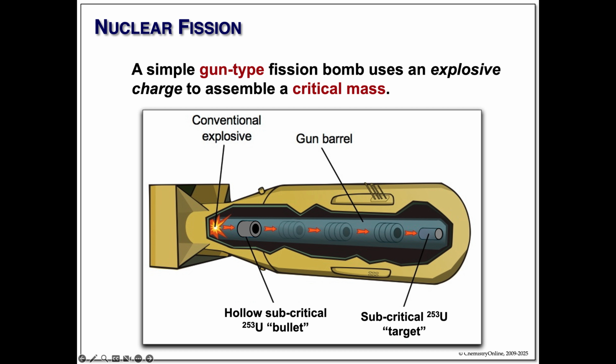You start off with this as a round chunk. This is in a barrel, so it's like a howitzer. You fire this, and you're firing at the target down here, which is the other half of the critical mass. They go together, hit critical mass a microsecond later. Microsecond.